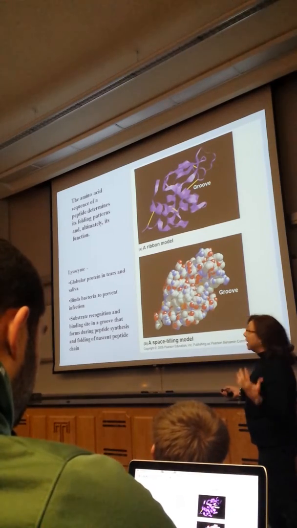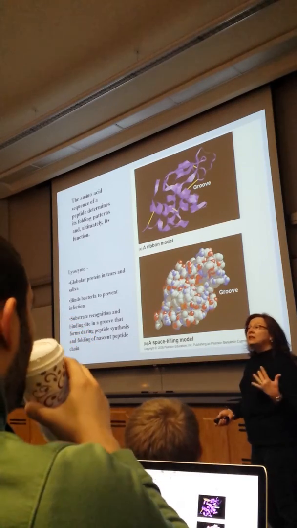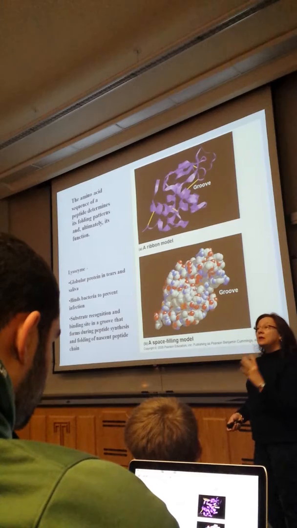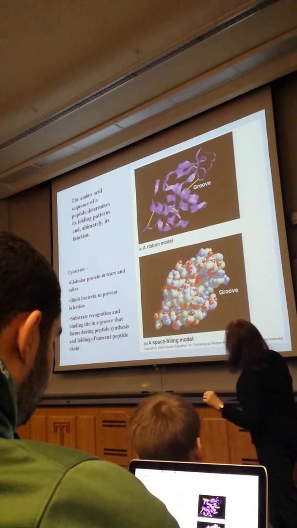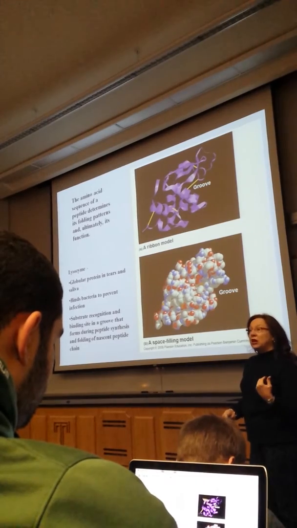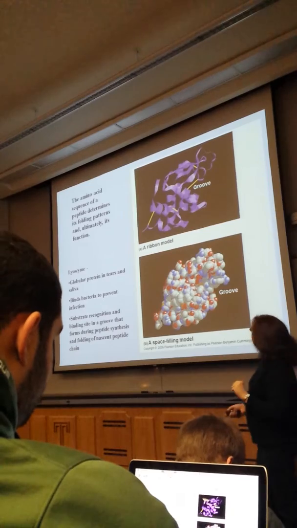And when that polypeptide takes on its mature functional shape, that's when it becomes a protein. Okay? And what determines the functional shape? The R groups of the amino acid sequence.